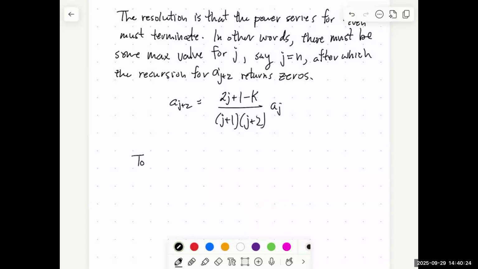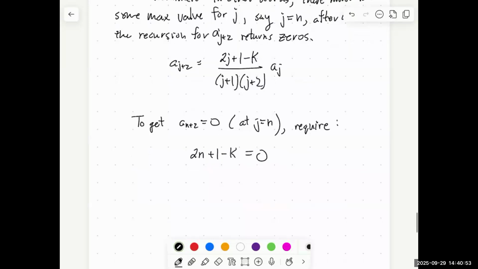So to get a_(n+2) equals 0 at, say, j equals n, we require that our numerator 2n plus 1 minus k equals 0. Okay, so that just means that k must be 2n plus 1. All right, so that would terminate our sum.